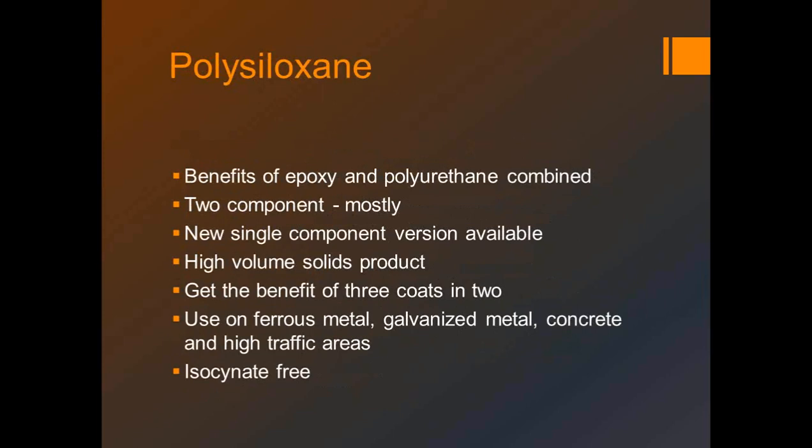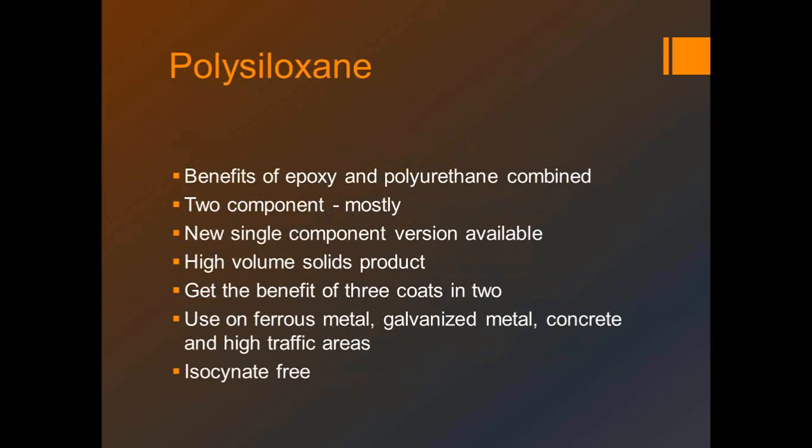Okay, our next category up here is polysiloxanes, and this is a nice category because you get the benefits of epoxy and a urethane combined in one product. There are some new single component polysiloxane products coming to the market. One of the things is you get good volume solids with this.